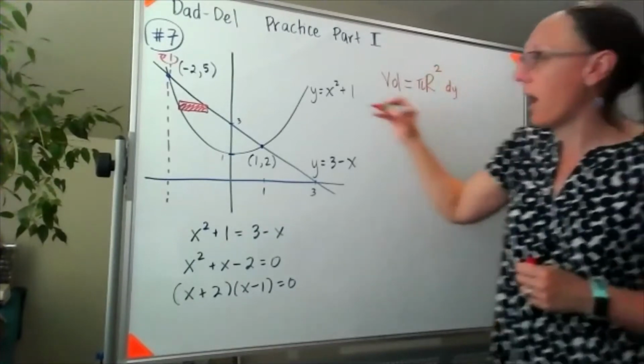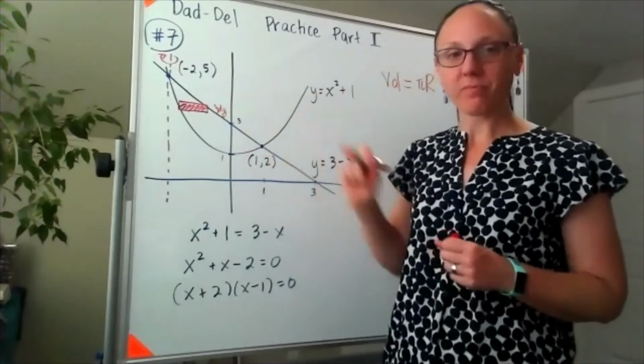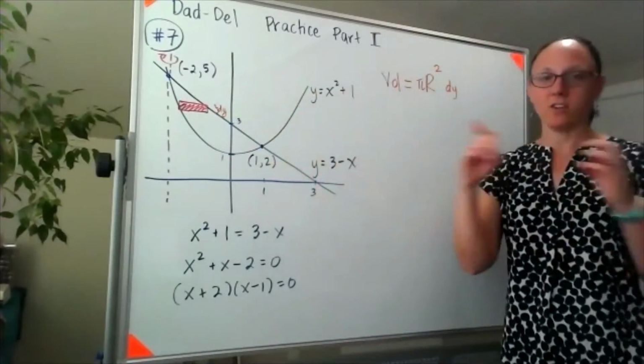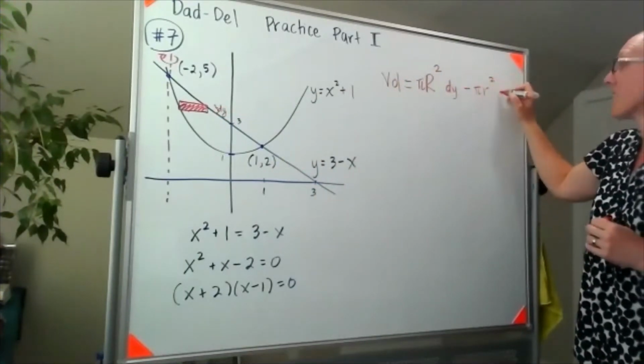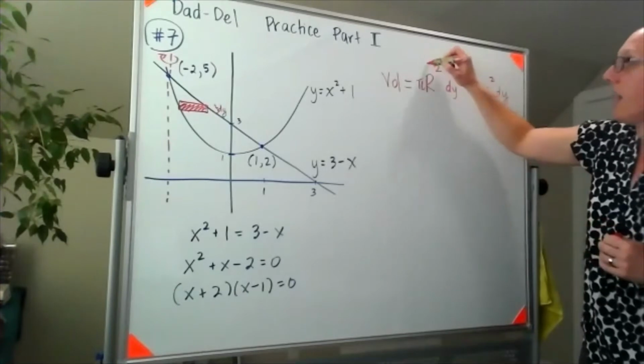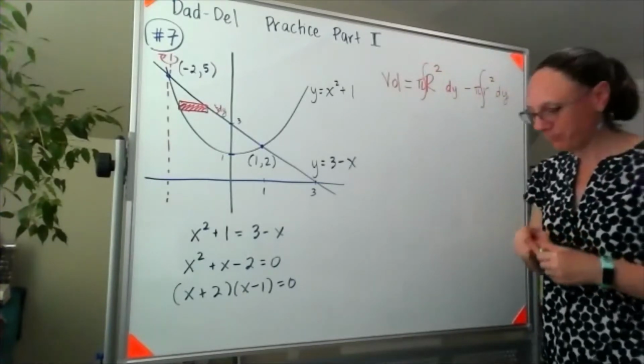And again, the dy, because my arbitrary cross-section here is horizontal, minus a pi times a little r squared dy. And both of those will be adding up calculus style.